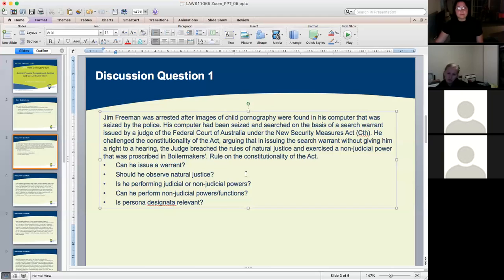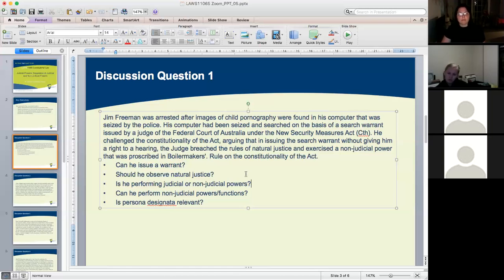Can I have a shot at that, Manjo? Yeah, so it's crucial. What you need to do, especially in the legal memorandum, is not come up with an answer by directly responding to the question. So don't just repeat the question, like, can he issue a warrant? Can he disregard the rules of natural justice? If you answer those factual questions straight away, you're missing the point because you did not actually engage with the legal issue.